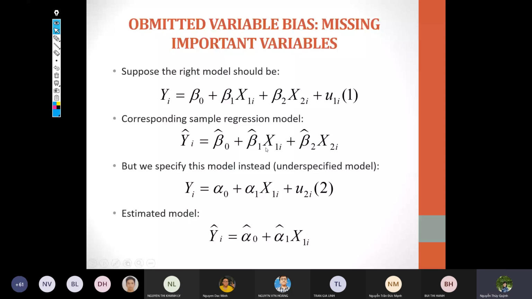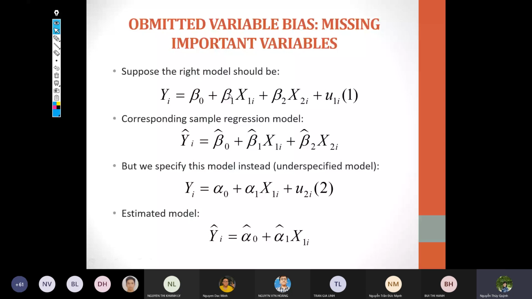Beta 1 shows the effect of x1 on y, and beta 1 hat is the best linear unbiased estimator of beta 1, which means it is an unbiased estimate of the effect of x on y.